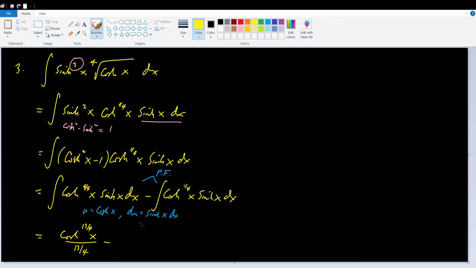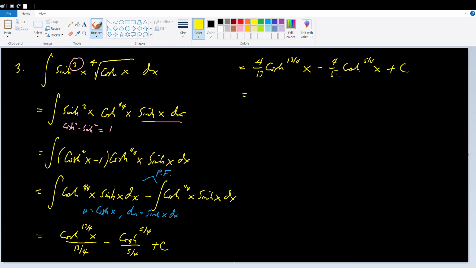That will be hyperbolic cosine raised to 1/4 plus 1 is 5/4 over 5/4 plus c, or 4 over 13 hyperbolic cosine 13 over 4 x minus 4 over 5 hyperbolic cosine raised to 5 over 4 x plus c.